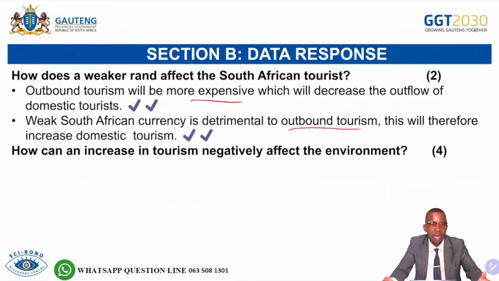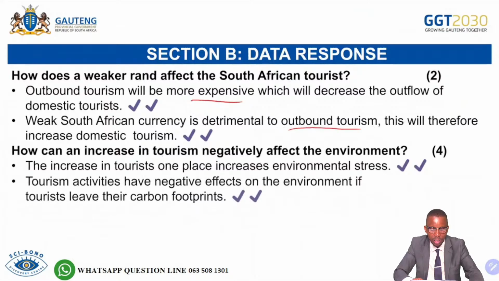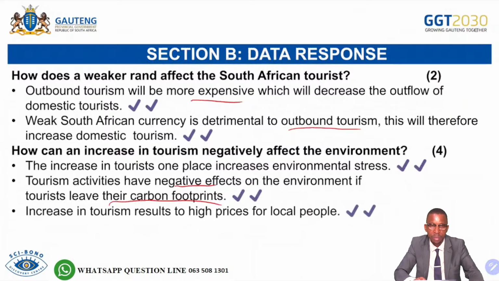And as cars bring tourists into a particular destination, they burn fossil fuel, which will affect the environment in this particular area. The increase in tourists in one place increases environmental stress. Tourism activities have a negative effect on the environment. If tourists leave their carbon footprint, they litter in that particular tourism destination. Increase in tourism results in high prices for local people, even though the question is on the environment.